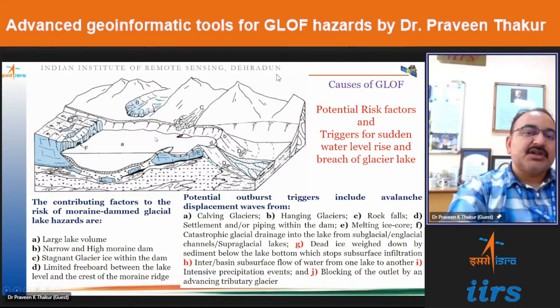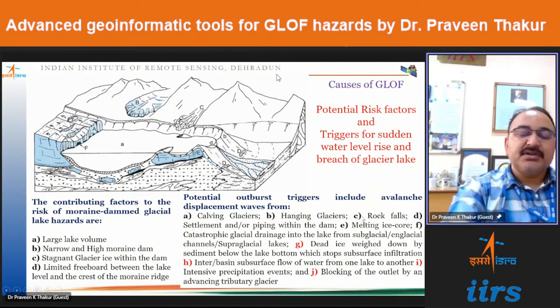If that watershed area is receiving very heavy precipitation, for example in 2013 the same thing happened in the Kedarnath area, which received very heavy snowfall in the month of summer, and that snowfall will be wet snowfall, and it will lead to a lot of melting and filling up of this glacial lake rapidly. And once the water reaches the top, freeboard is very less, the hydrostatic pressure will be very high, leading to the full breaching of this particular lake.